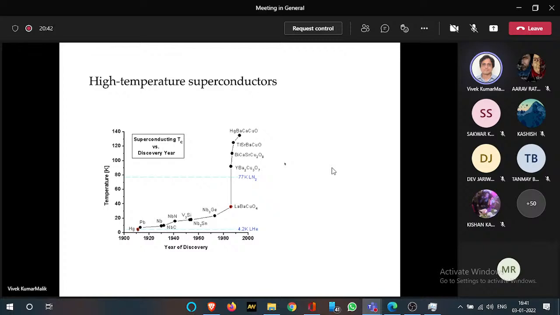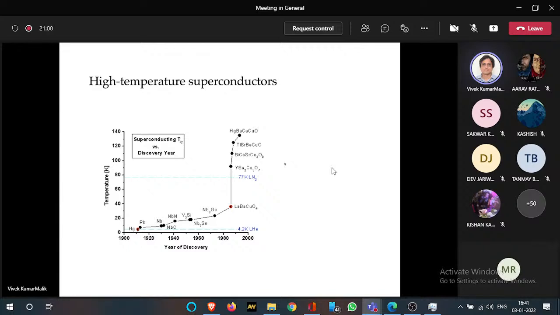And then there are some recent discoveries where the TC is close to 300 Kelvin, but you have to apply very, very high pressure.